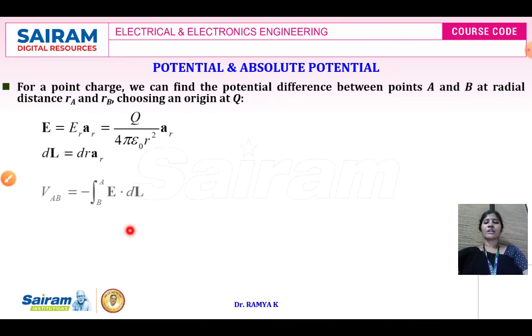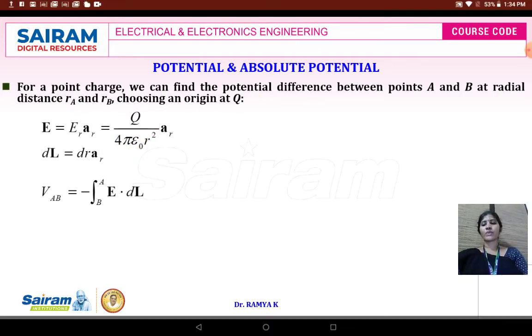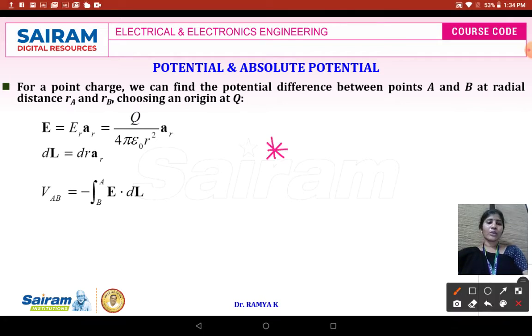So the potential VAB is equal to minus the integral from B to A of E dot dl, where E is the electric field intensity. The electric field intensity from the point charge is Q divided by 4 pi epsilon naught R squared, with the point charge Q at the origin. This is the point where we need to identify the value of the potential.